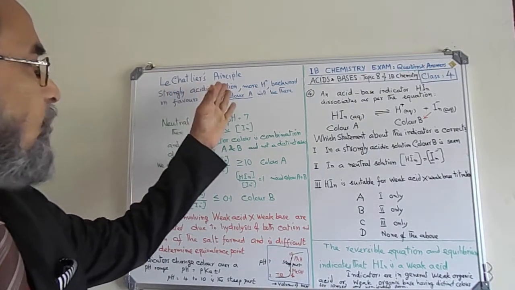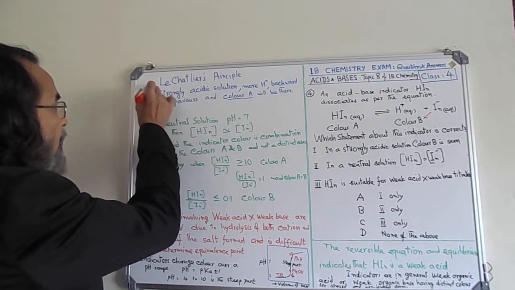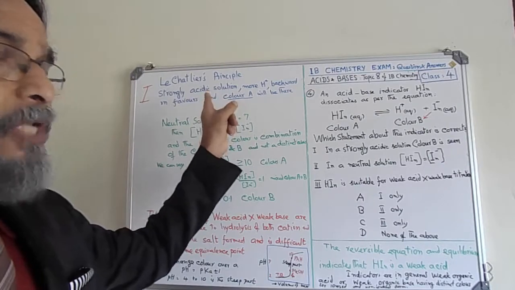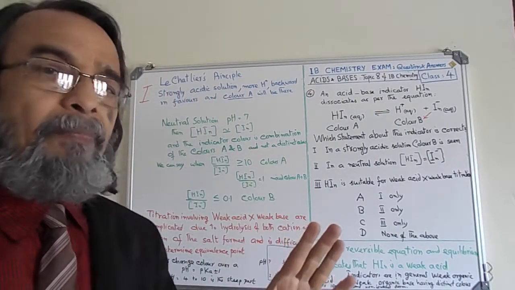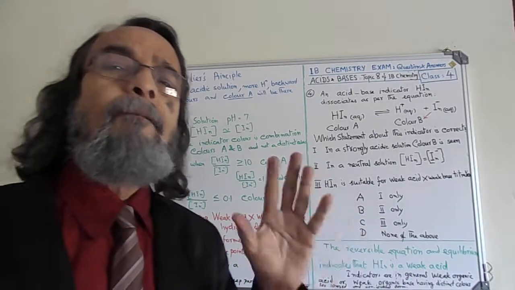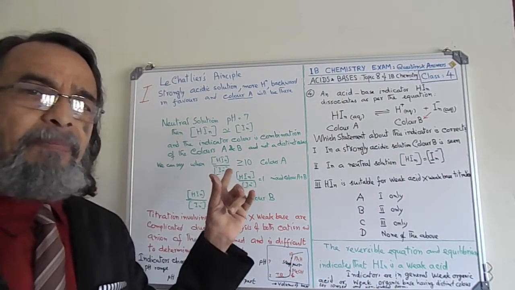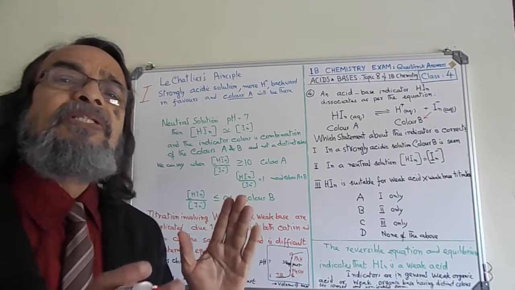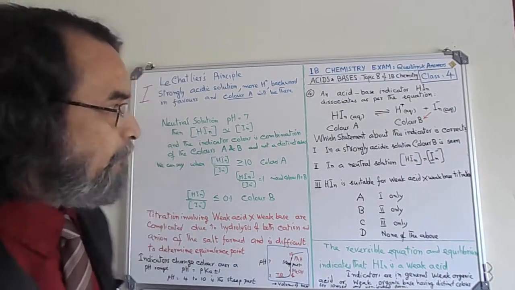Everybody knows what Le Chatelier's principle is. For the first option, Le Chatelier's principle is applicable. I will tell you what it is. If a system is at equilibrium and you change temperature, pressure, concentration, etc., then the system will adjust in such a way as to cancel the effect of the change.